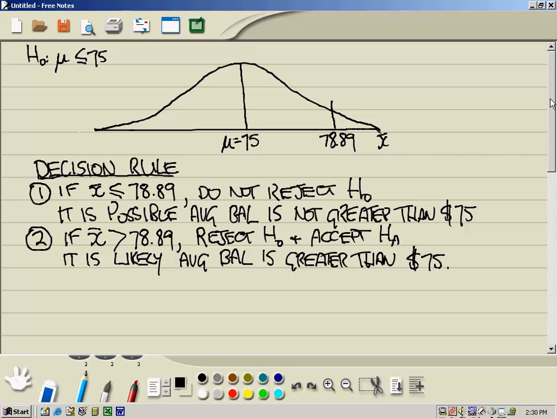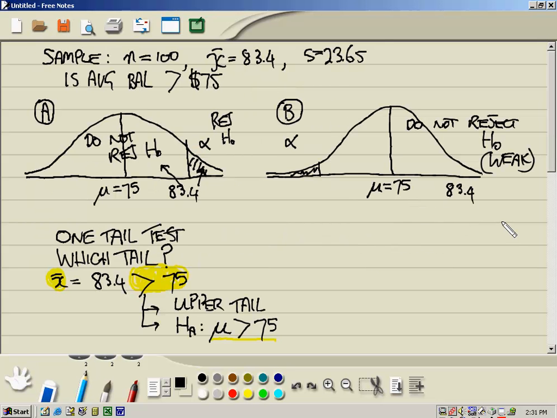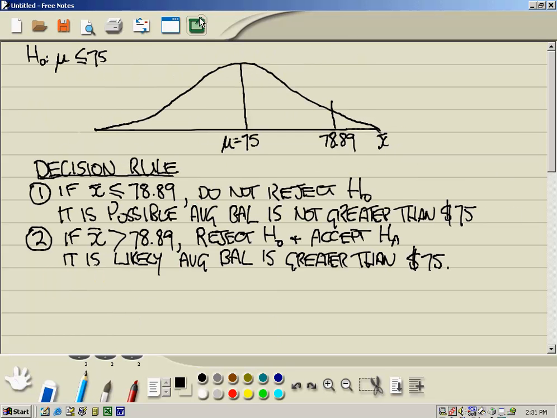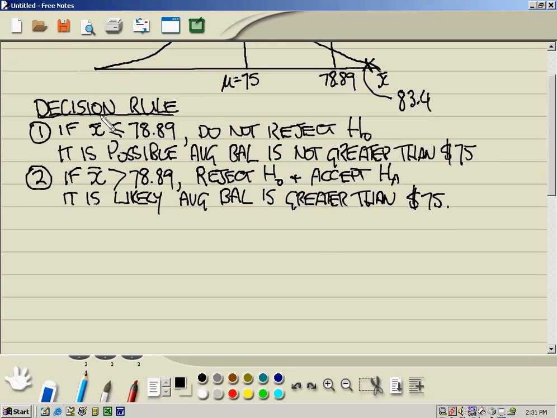Now we're ready to do our decision. Let's get our sample average. The sample average is 83.4. 83.4 is some value up here in the upper tail. So we go with part 2 of the decision rule to reject the null.